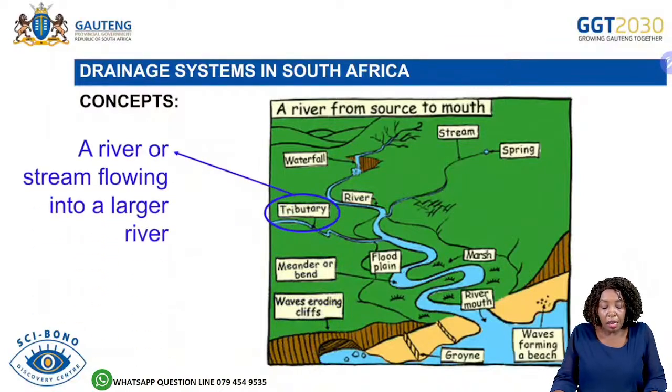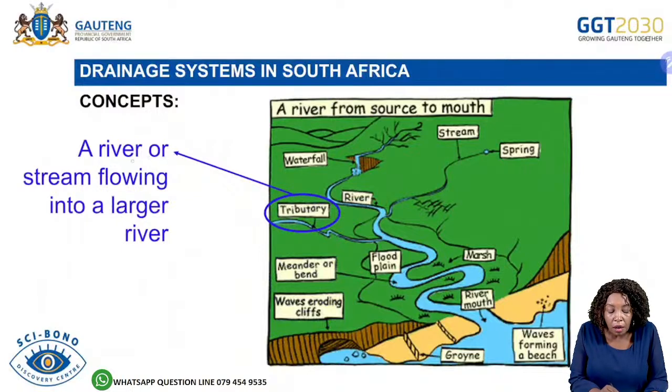What is a tributary? A tributary is a river or a stream flowing into a larger river. So it is a river or a smaller stream that is flowing into. So key things that you need to identify here, it flows into a what? Into a larger river.